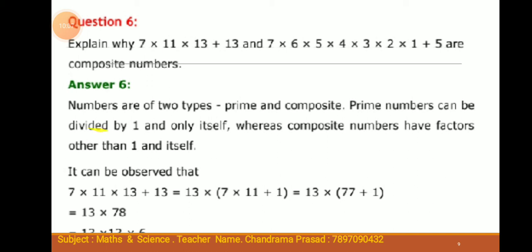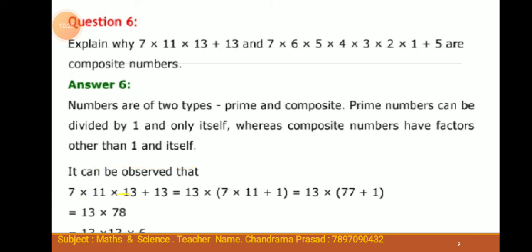Solution. Numbers are of two types, prime and composite. A prime number can be divided by 1 and only itself, whereas a composite number has factors other than 1 and itself.